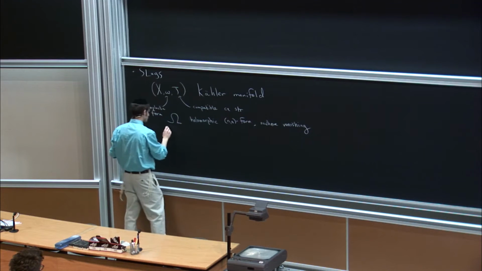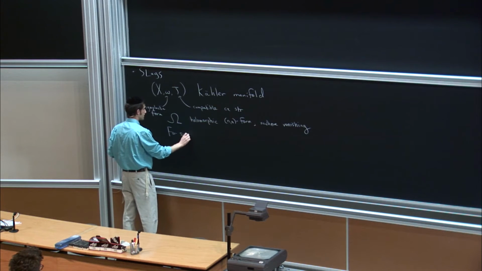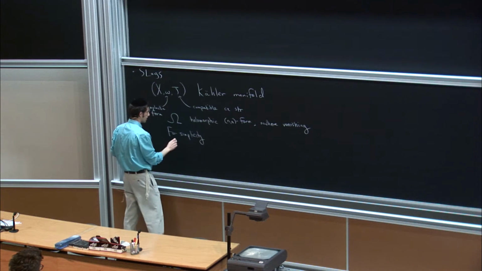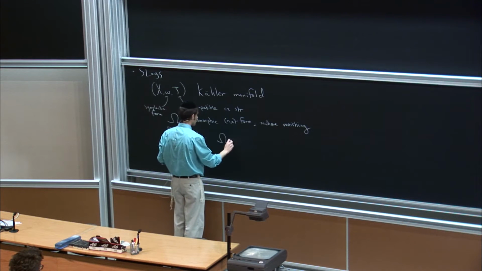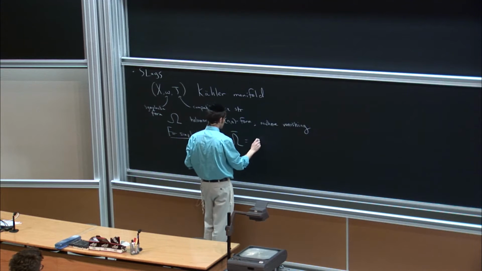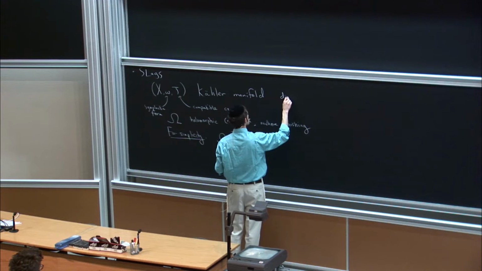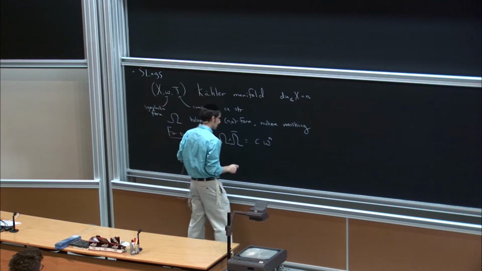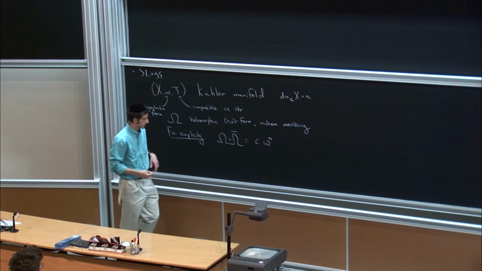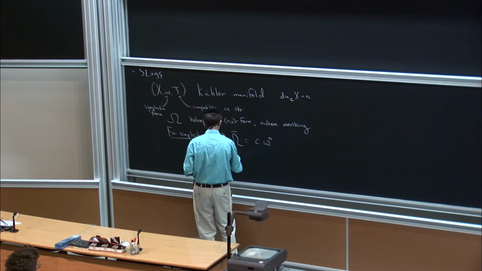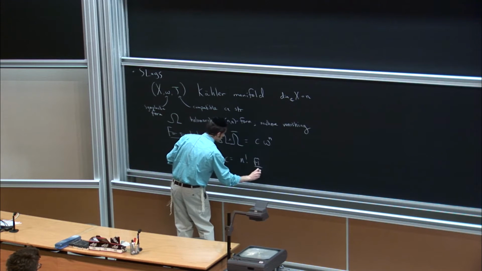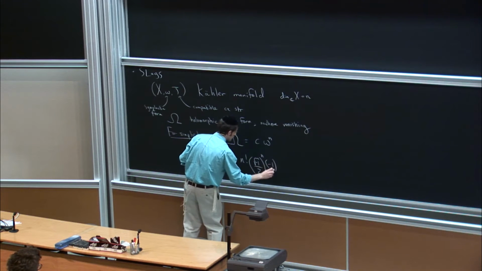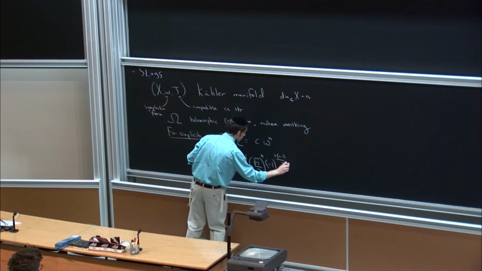And I'm going to assume for simplicity, this is not really necessary, that this is actually a Calabi-Yau metric, so that it can be written with C some mysterious constant, which is generally taken to be something like this. This is not important.